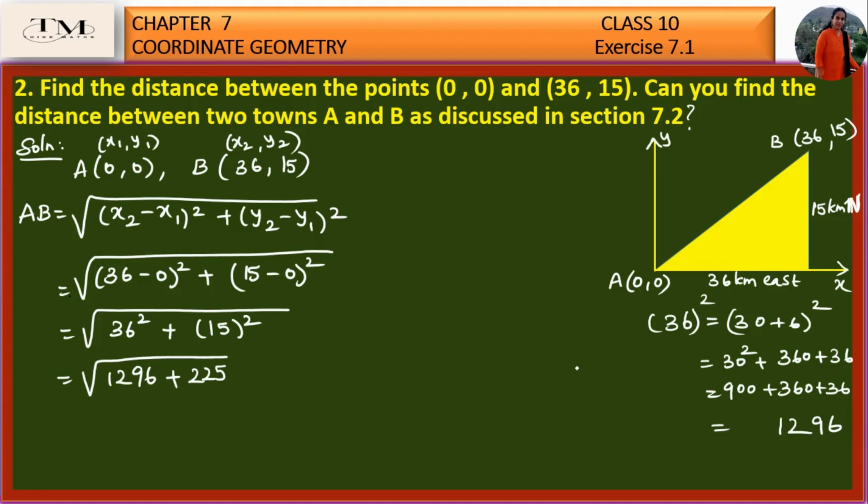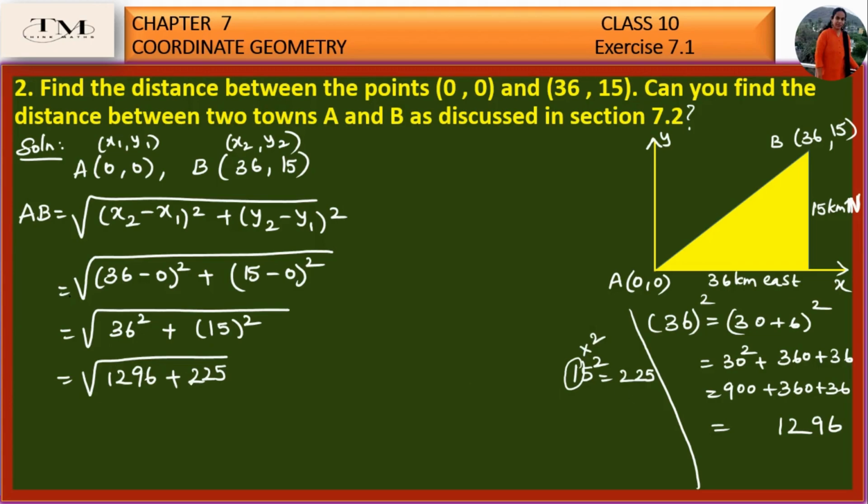In the same way, 15 square. There is a trick to find it. If there is 5 in the ones place, 15 square can be calculated easily. You write 25 in the last places. In the tens place you have 1, so 1 into the next number 2 is 2. So the answer is 225.